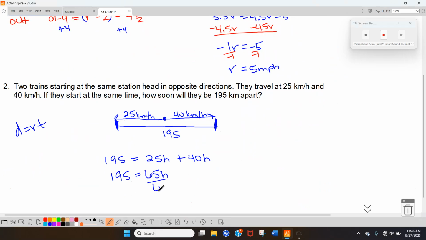So combine your like terms, divide by the 65, and you should get 3. So 3 hours is how long it takes them to be 195 kilometers apart.